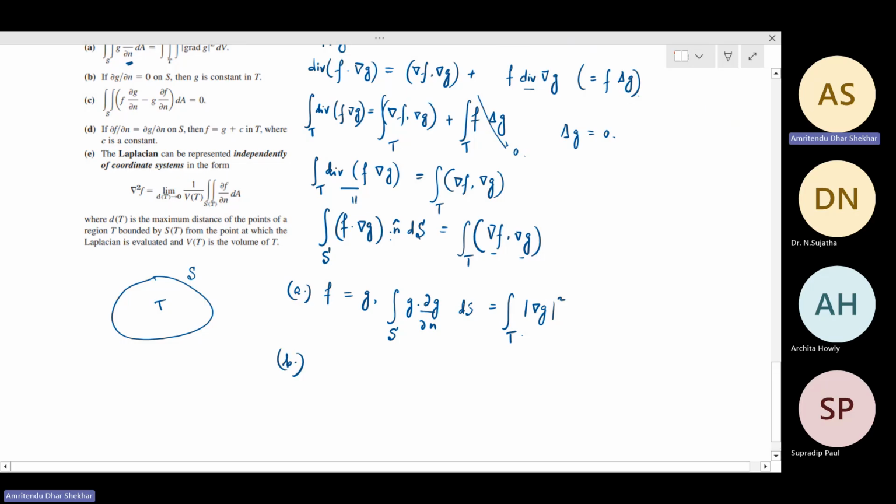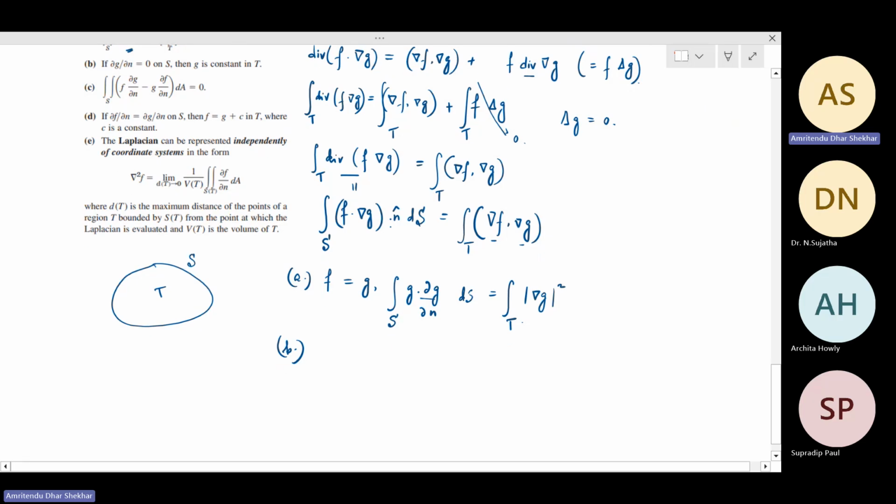The second identity is very interesting. The second identity states that if the function is essentially constant in the normal direction of S, then g is constant in T. The result just follows, because if del g upon del n is equal to 0, that means that the integral of the norm of grad g squared is equal to 0.